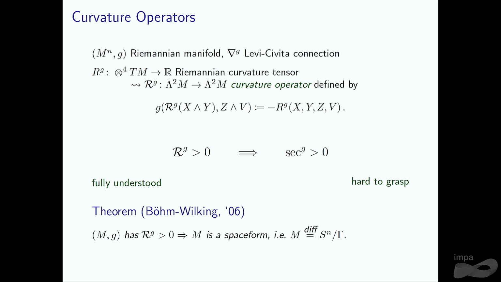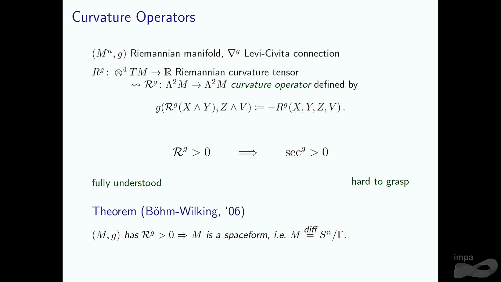Okay. So let's start with a very general context, namely curvature operators. Okay, so we start with a Riemannian manifold, and the Levi-Civita connection. And of course, we have the Riemann curvature tensor, and we can interpret it as a symmetric map on 2-forms, right? Just defined in the usual way. And I like to have a minus sign over here.